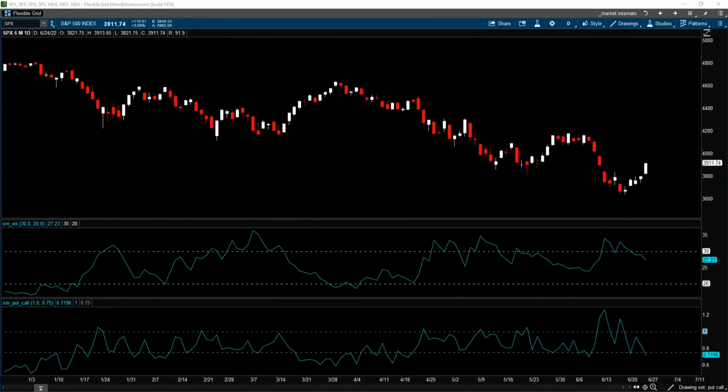So in summary, the market participants are still a little bit fearful based on the VIX. It's still sitting inside of this 20-30 zone. But the put-call ratio is getting a little bit less bearish now. It is hovering around that 0.75, although there are a couple of times that it is inside that 0.75 to 1 range.